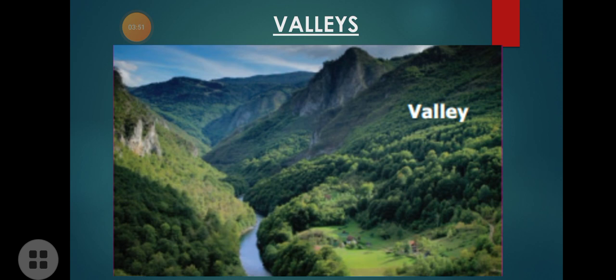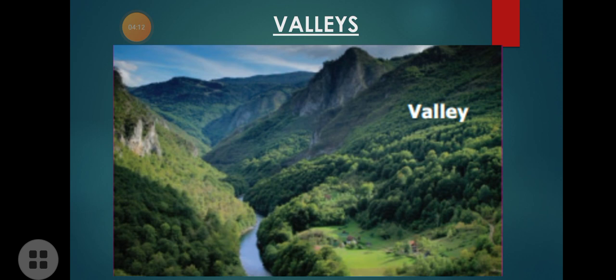So in the definition we studied, how does the third order landform happen? Either by erosion or by deposition. So here valleys are formed because of the erosion of the mountain by the river water. Look at the river water at the bottom.